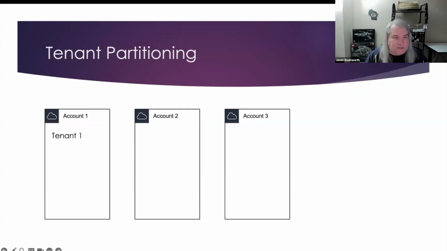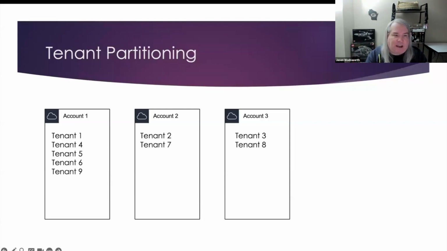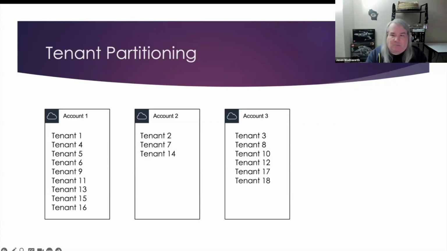So what I like to do is approach this more of a balanced approach. So this is kind of the way I would do it, right? I put the tenants in and they just start moving to the account based on where there's capacity. So you can put whatever logic you want in your system to identify where that capacity is. But at the end of the day, it's having some way of, instead of just a pure round robin, saying, you know what, account one's got more capacity than account 2 or 3.